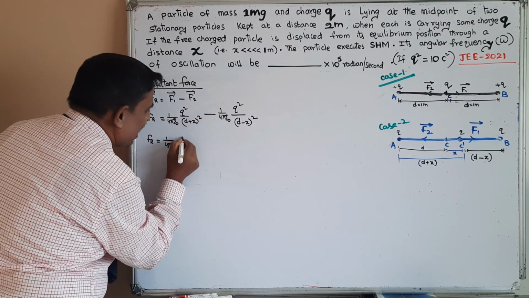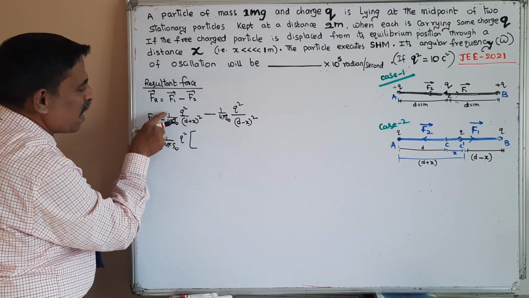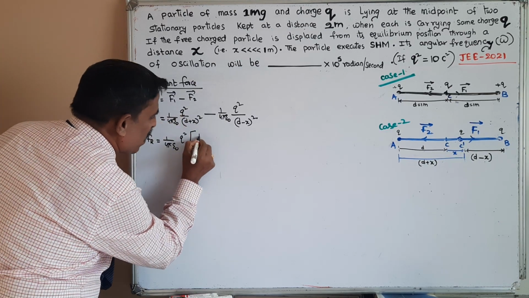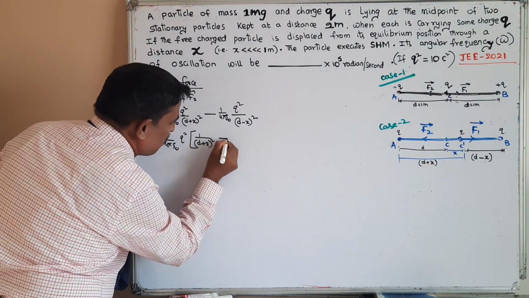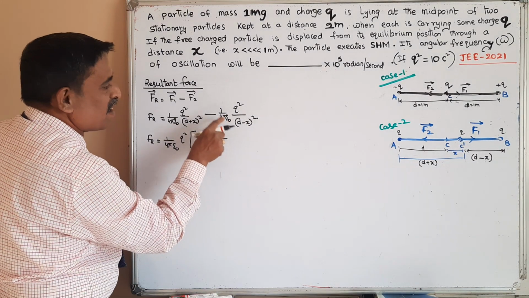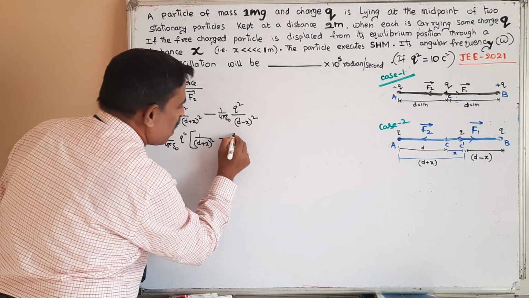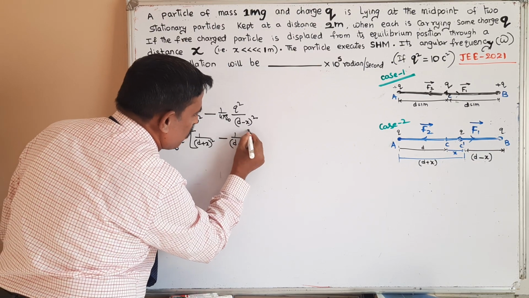Resultant force is equal to q square common, 4 pi epsilon naught common, 1 by 4 pi epsilon naught q square common, remaining is 1 by d plus x whole square minus 1 by d minus x whole square.